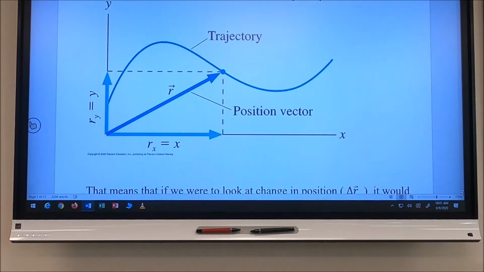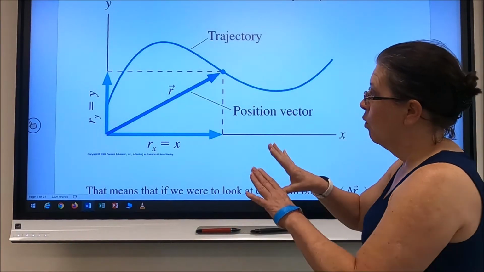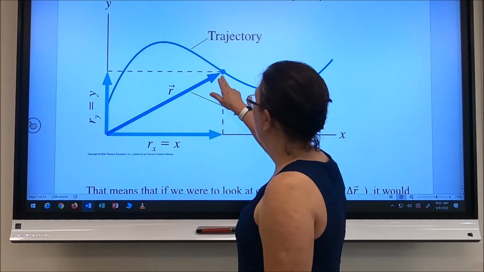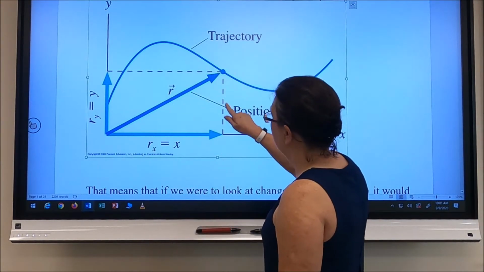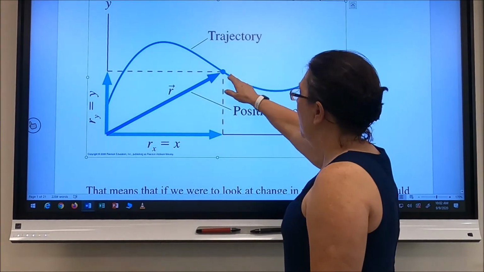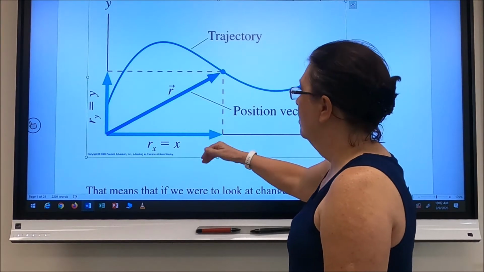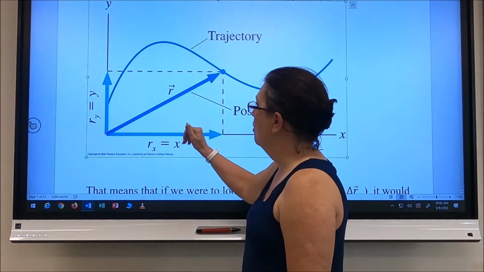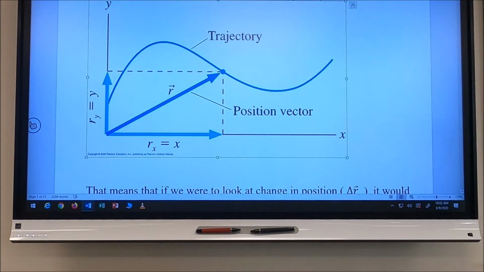So if we look at this trajectory, our pathway in an XY coordinate system, if we're at this position here, there's going to be an X component of the R vector and a Y component. So I could give that location by giving components, X and Y, or we could give it by angle and length of the R vector, okay?